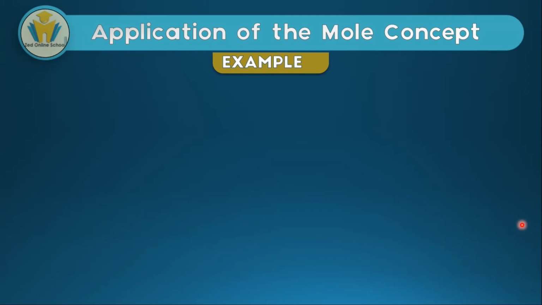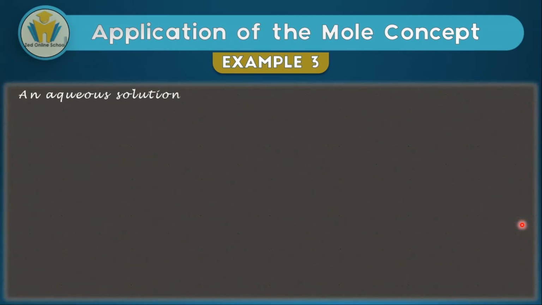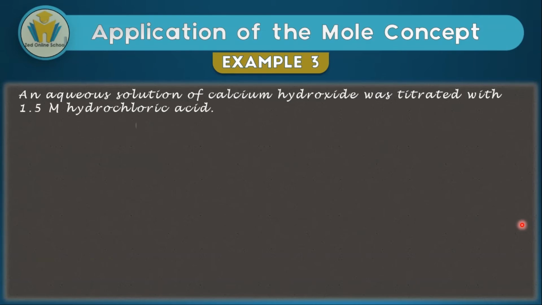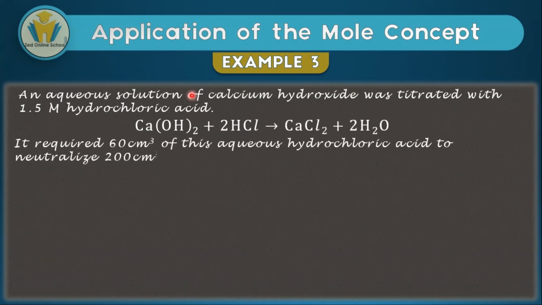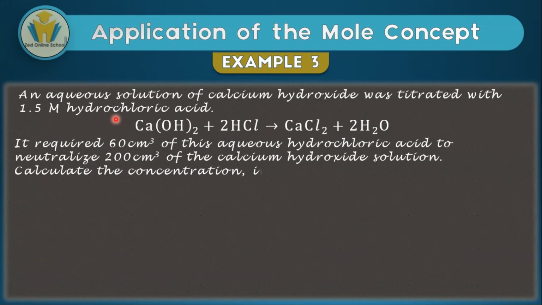Now let's look at the last example, which consolidates everything we've looked at about the application of the mole concept. Here we've got an aqueous solution of calcium hydroxide, which was titrated with 1.5 molar hydrochloric acid. When we look at the topic acids, bases, and salts, you know what titration is. This is the reaction by which the calcium hydroxide gets titrated with the 1.5 molar hydrochloric acid.